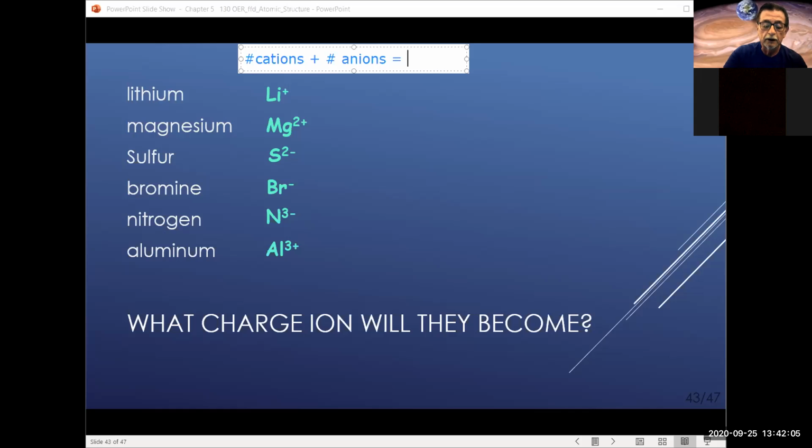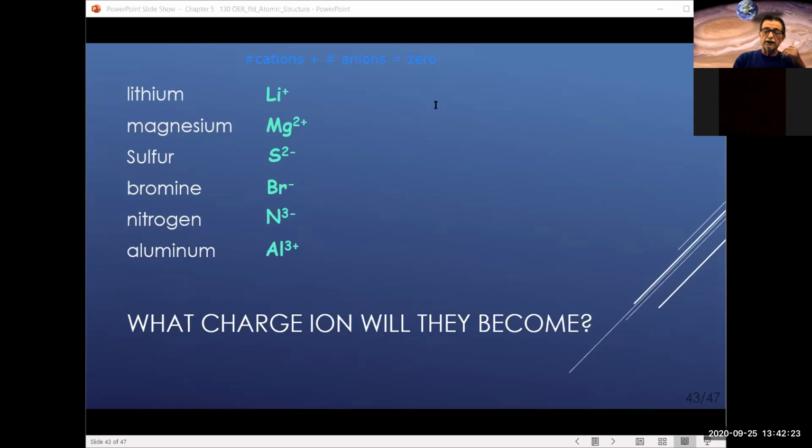So I have to put enough positives and enough negatives together so that each positive and each negative cancel each other out.